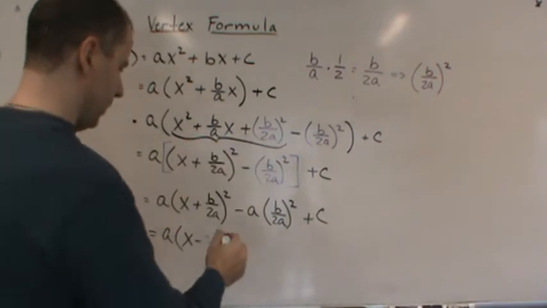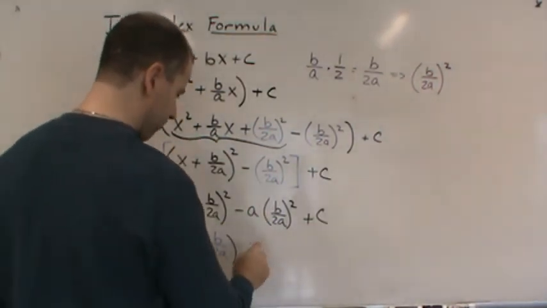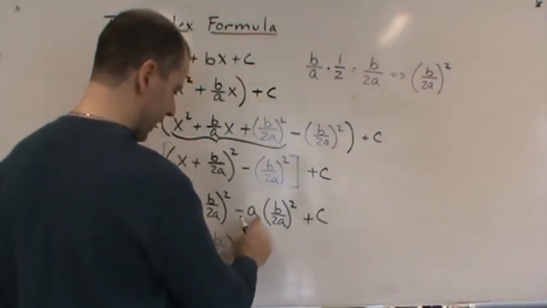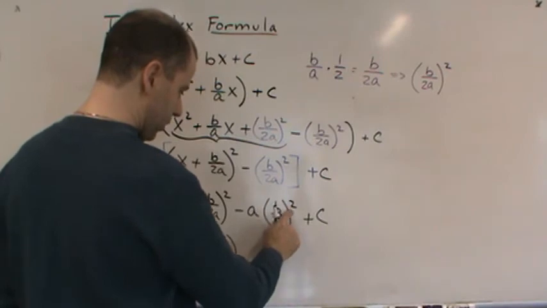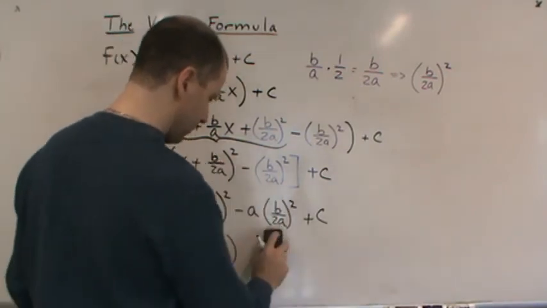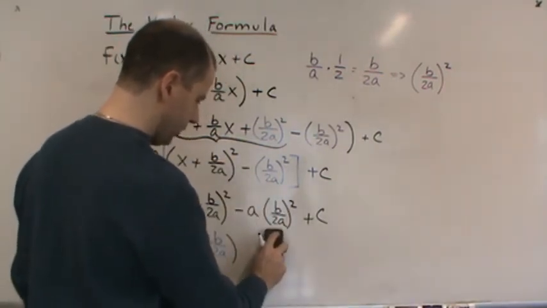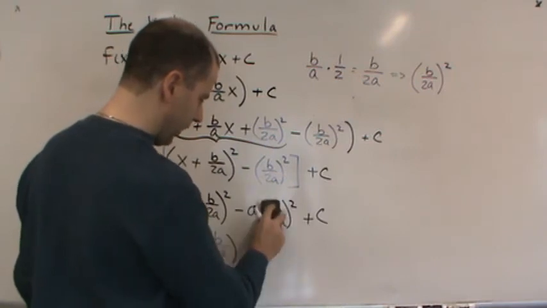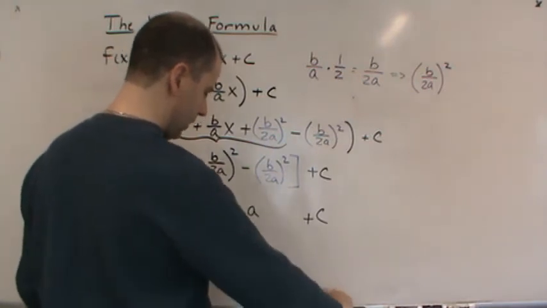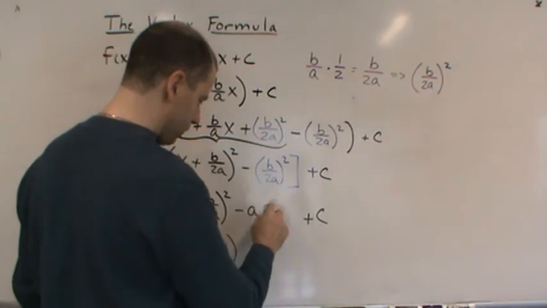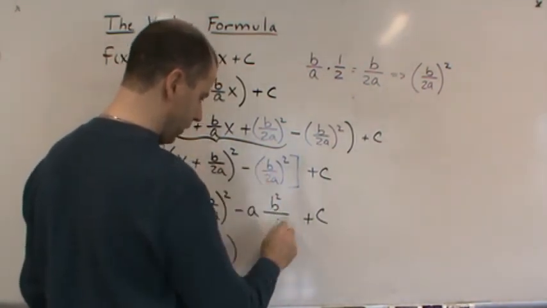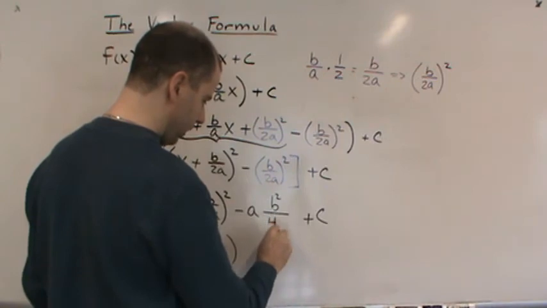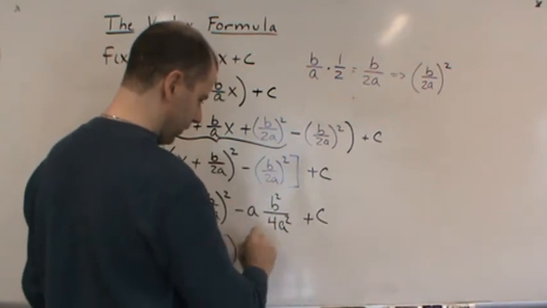And so let's simplify this. So what happens here? Well, this a and this a is squared. Right? So if I distribute the 2, let's rewrite this. This b over 2a squared, I'm going to distribute the power, which actually gives us b squared over 4a squared, right?